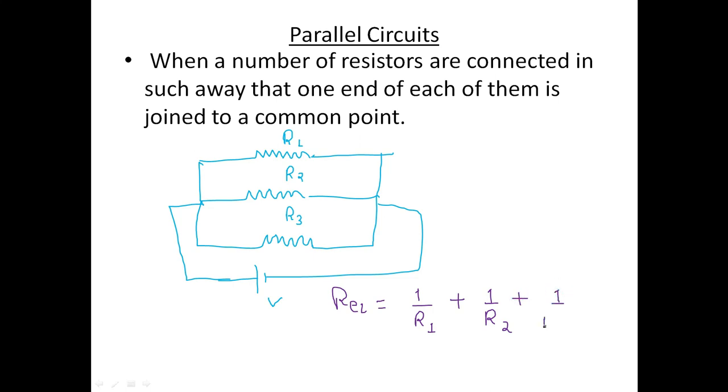So the equivalent resistance is the reciprocal sum of the individual resistances in a parallel circuit. Now the current going through each branch of the parallel circuit is I1, I2 and I3. So the current going through each branch is different.